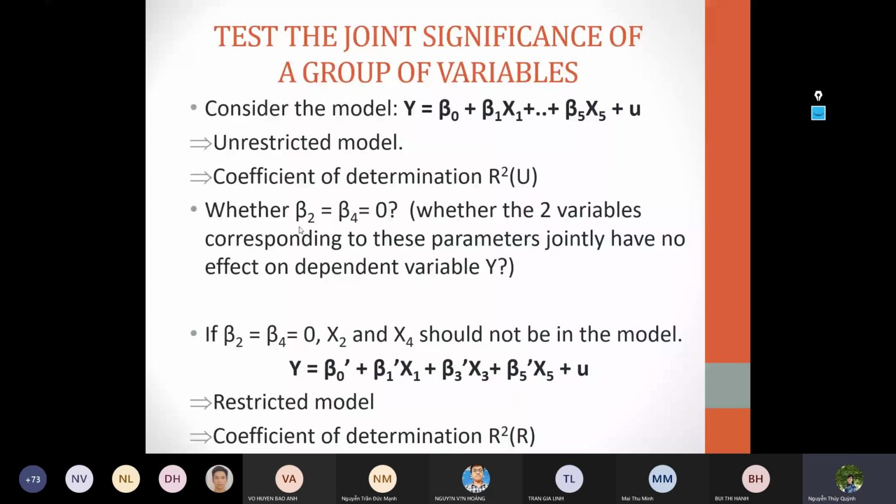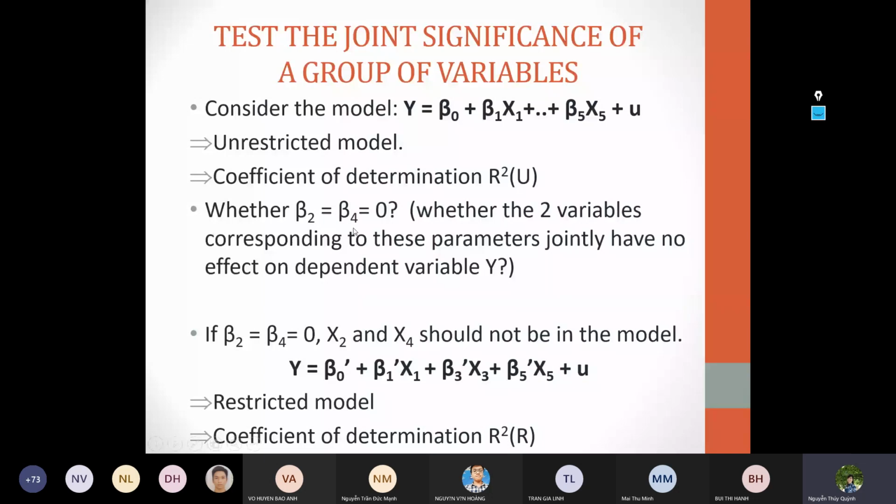So this will be our null hypothesis, and the alternative hypothesis will be like this: at least one of these regression coefficients is statistically different from 0. Now this one will be our restriction here.